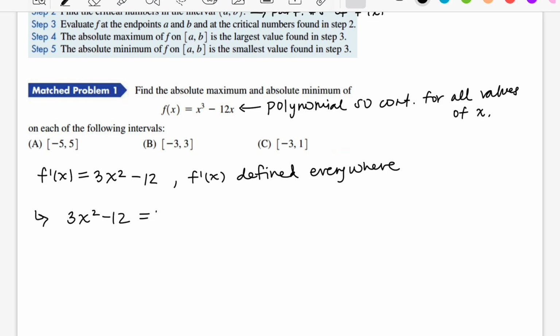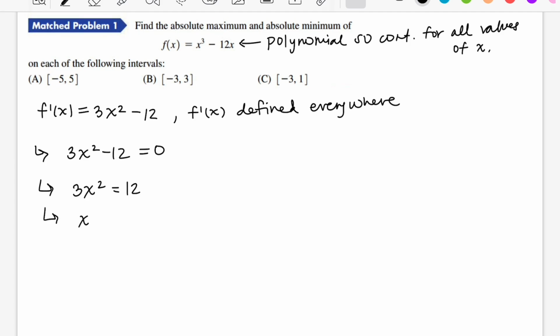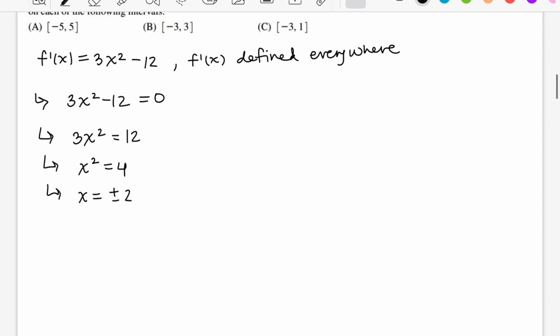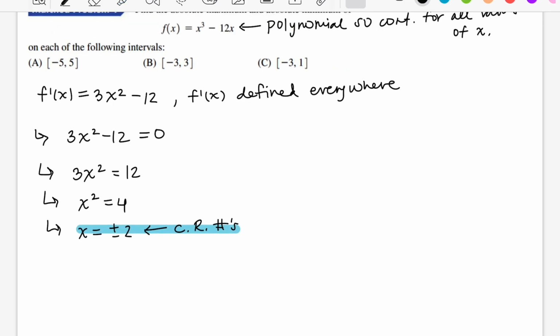Then solving for x here, our critical numbers are plus or minus 2. I'm going to start abbreviating our critical numbers as this here. So that is our critical numbers.